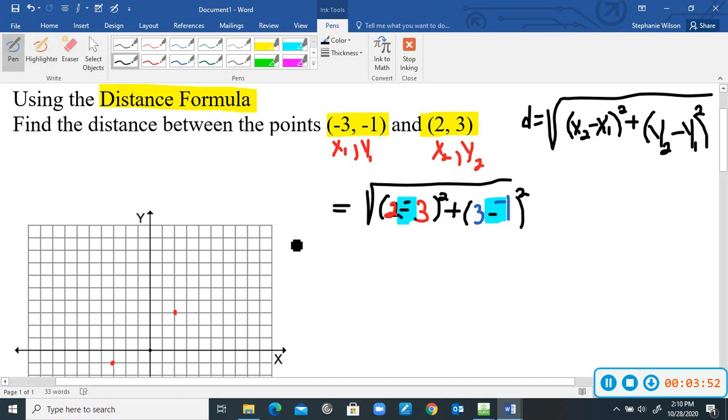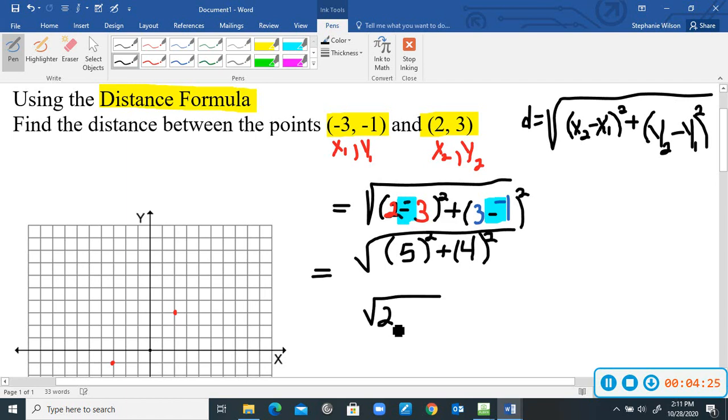So now I have 2 plus 3, which is 5, squared, plus 3 plus 1, which is 4, and then I'm going to square it. 5 squared is the same as saying 5 times 5, so it's 25. 4 squared is 4 times 4, which is 16.